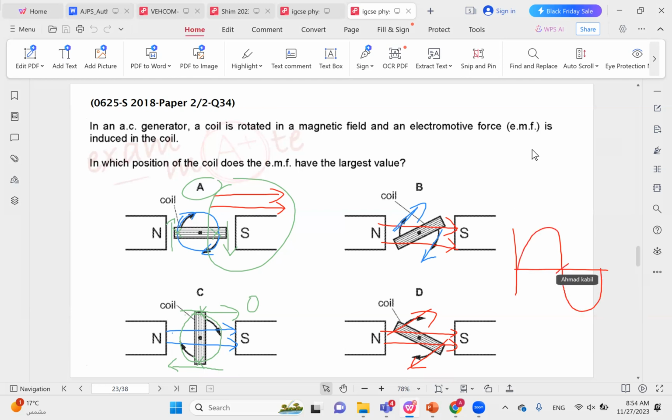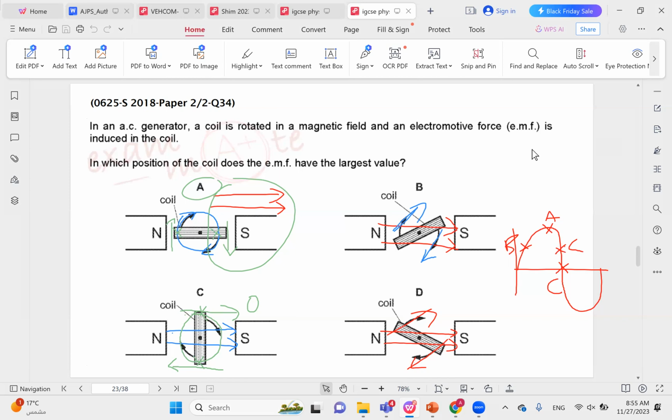So this point here would be location C, and this point here would be location A, and B and C are somewhere here and here, so as to understand the amount of generated electricity in each position.